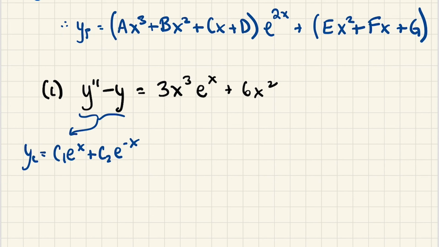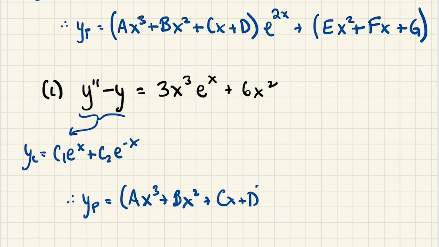If we start to set up our particular solution, we would get basically what we had last time. It looks very similar. The only difference is that e to the 2x is now just e to the x. So let's put our e to the x here, but let's ignore the fact that it's repeating a factor from the complementary solution, just for a moment.